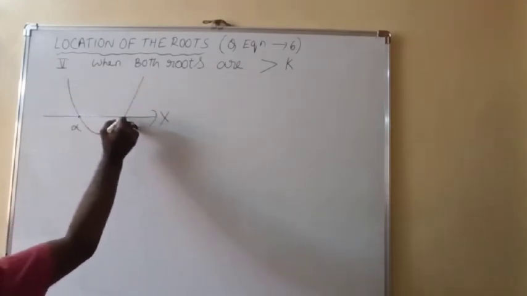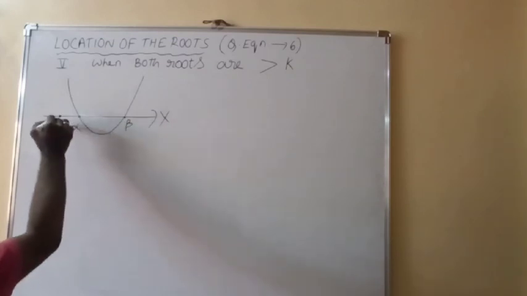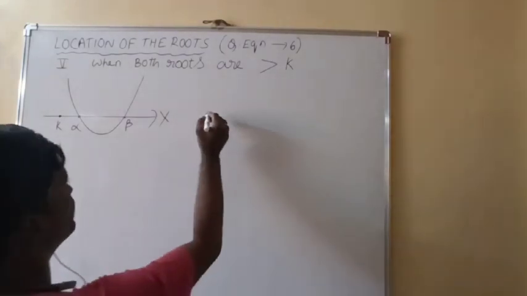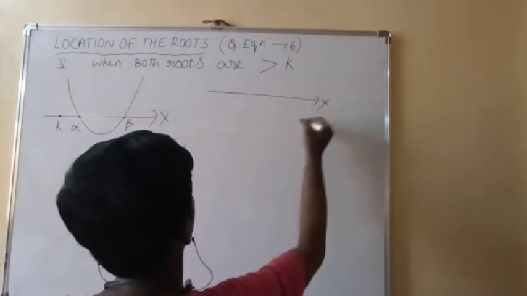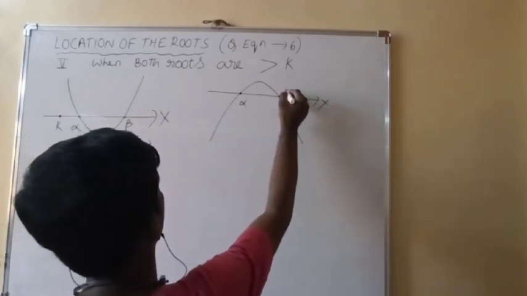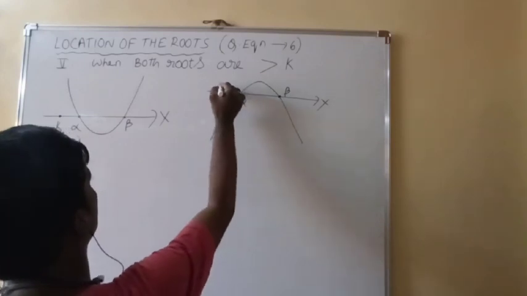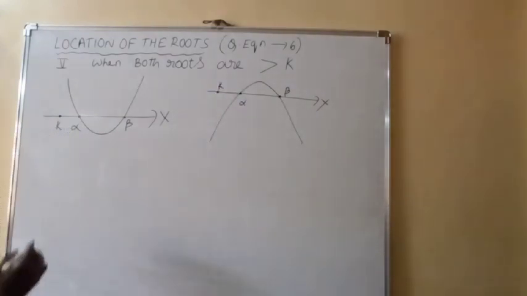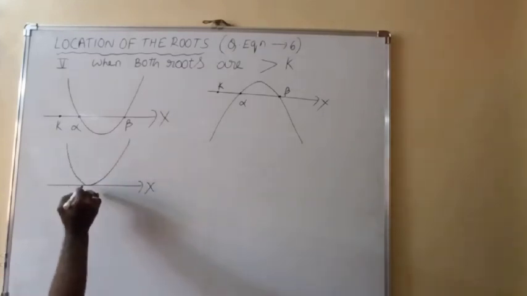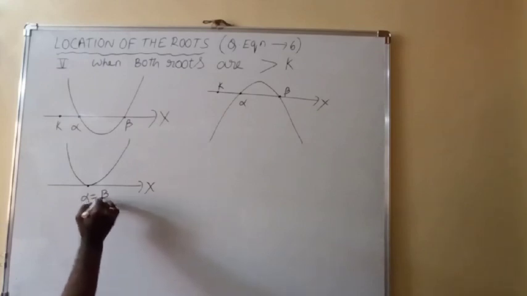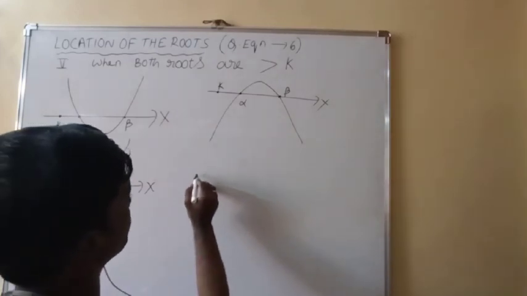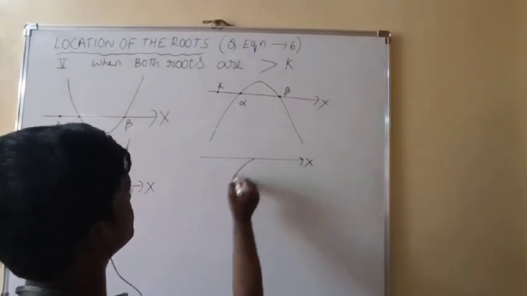This is our alpha, this is beta, and this is k. Alpha and beta are both greater than k, or you may get cases like this also, where only alpha, or only beta, is greater than k. Next, we will get this case.